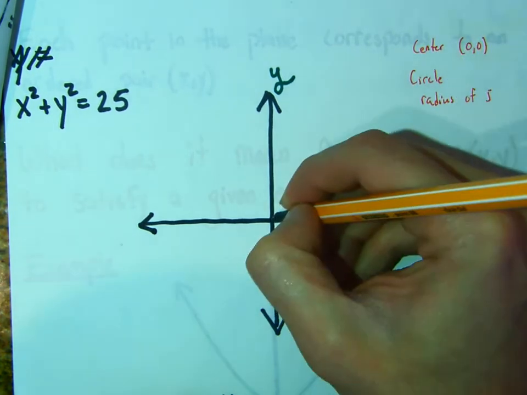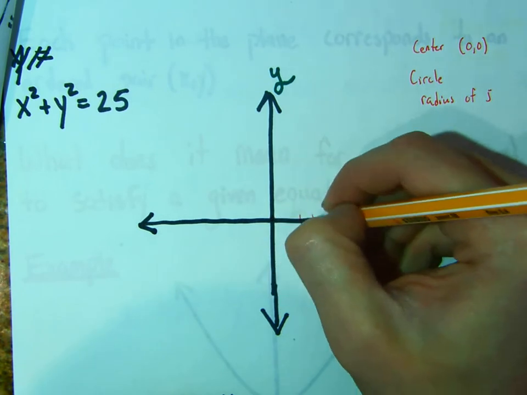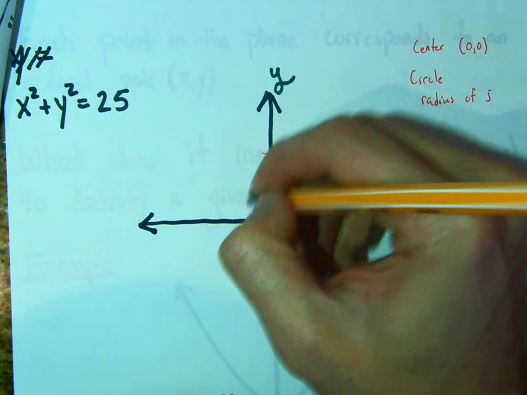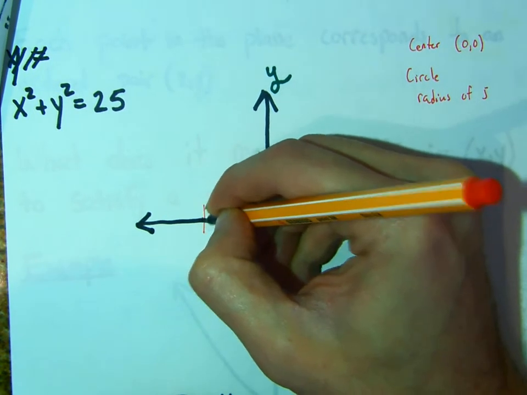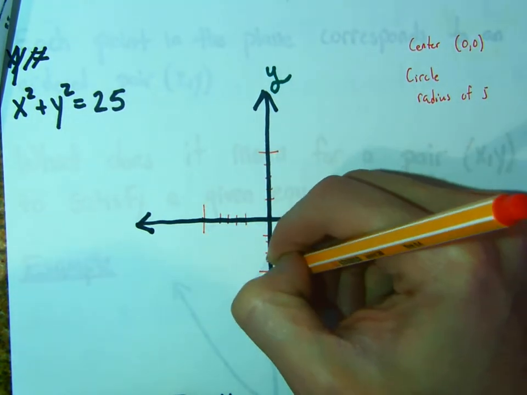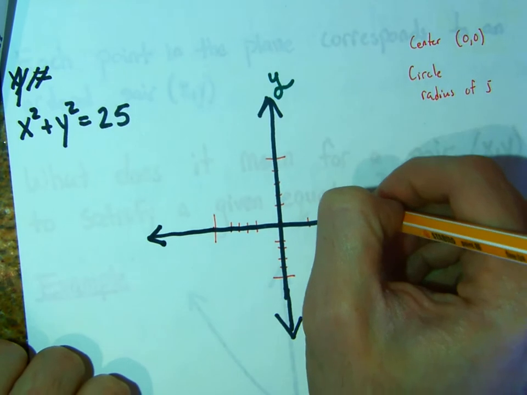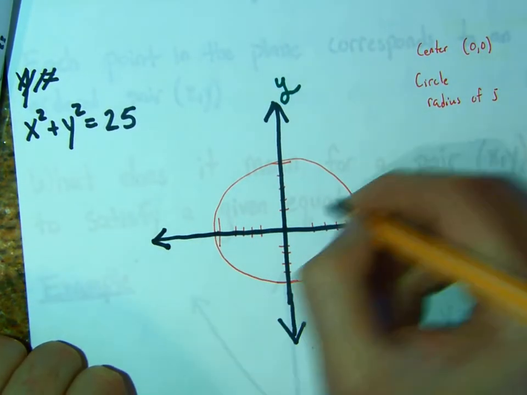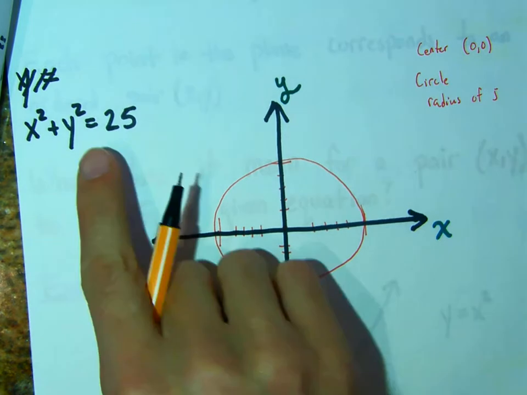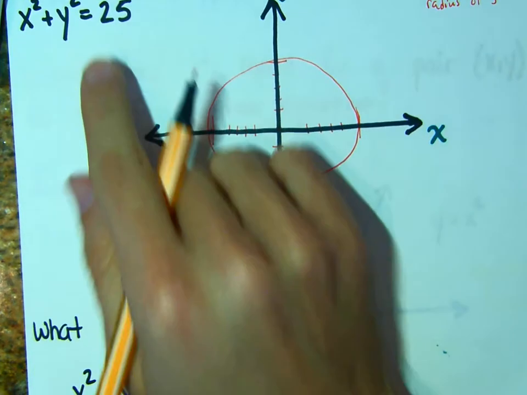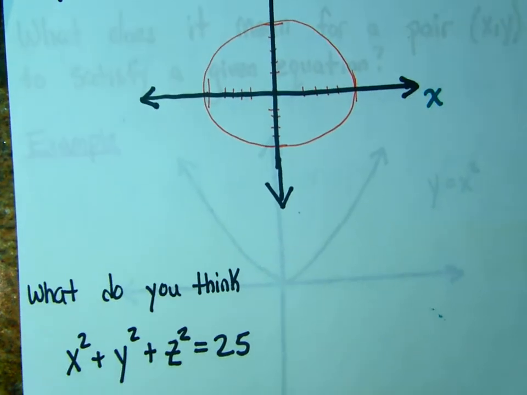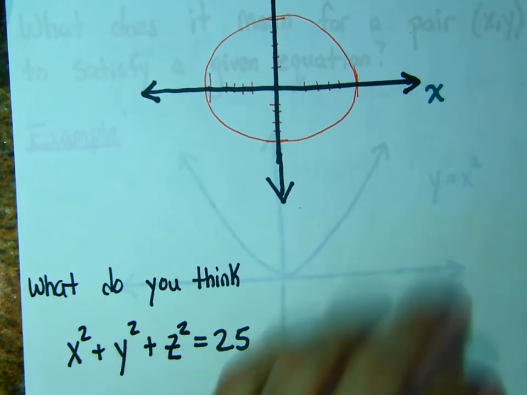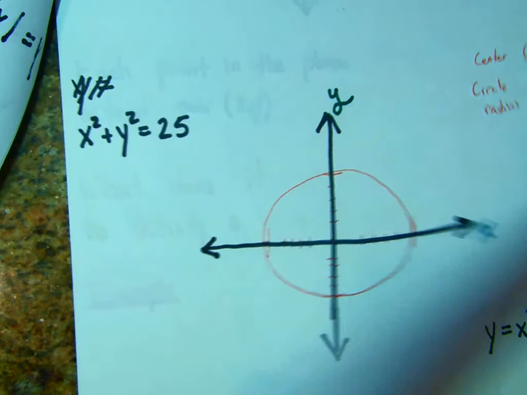So this is the center of my circle, and I go 1, 2, 3, 4, 5, 1, 2, 3, 4, 5, 1, 2, 3, 4, 5, and I know I'm not going to draw the best looking circle, but it'll look something like that with a radius of 5. And the idea is we're going to explore this. If you want, and if you remember, ask me what this would look like. But okay, let's examine this. A circle with a radius of 5.